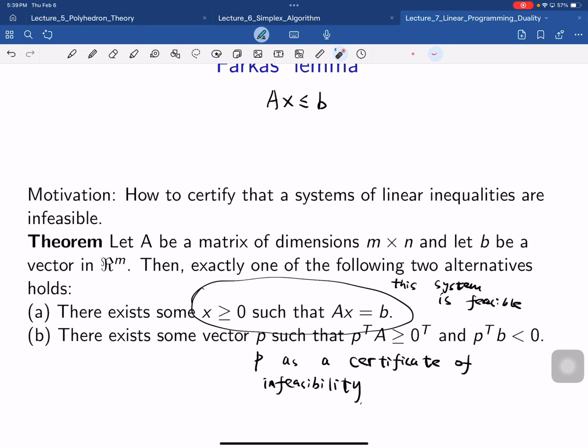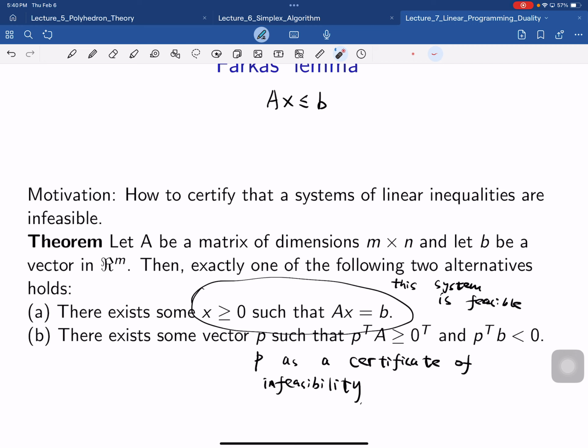If you aggregate all the left-hand side constraints times x and aggregate the right-hand side constraints, the left-hand side must be greater than or equal to 0, and the right-hand side is strictly less than 0. Right? So that gives you a certificate of conflict, right? But then Farkas lemma is telling you if the system is infeasible, you can always find such a certificate.